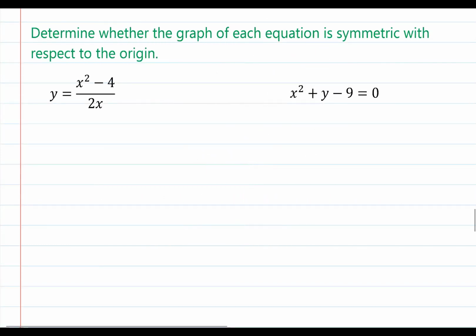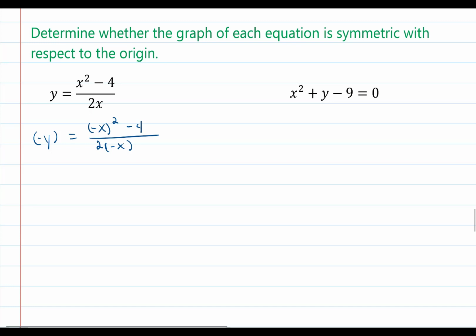We are now going to use that test to determine whether the graph of each equation is symmetric with respect to the origin. So we are going to replace y with negative y and x with negative x using parentheses anytime we do substitution. And so our equation now is negative y is equal to negative x quantity squared minus 4 all over 2 times negative x.